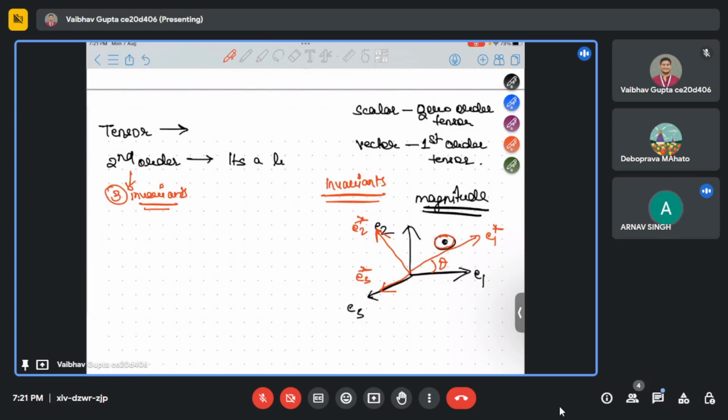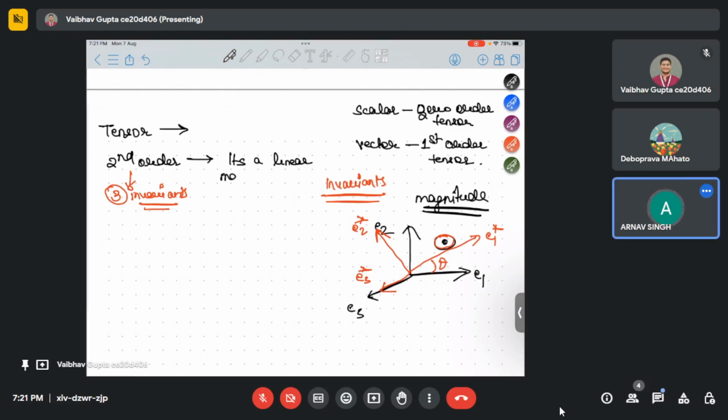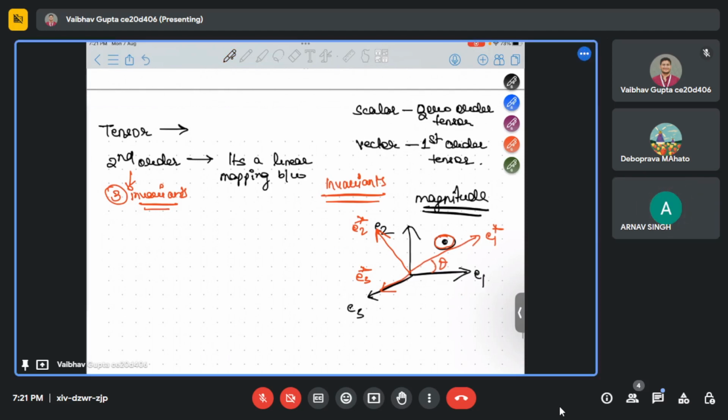The definition of a second order tensor is nothing but a linear mapping between two directed line segments. What do you mean by directed line segment? In the first week, sir has defined a vector as a directed line segment. So a second order tensor is nothing but a linear mapping between two vectors.